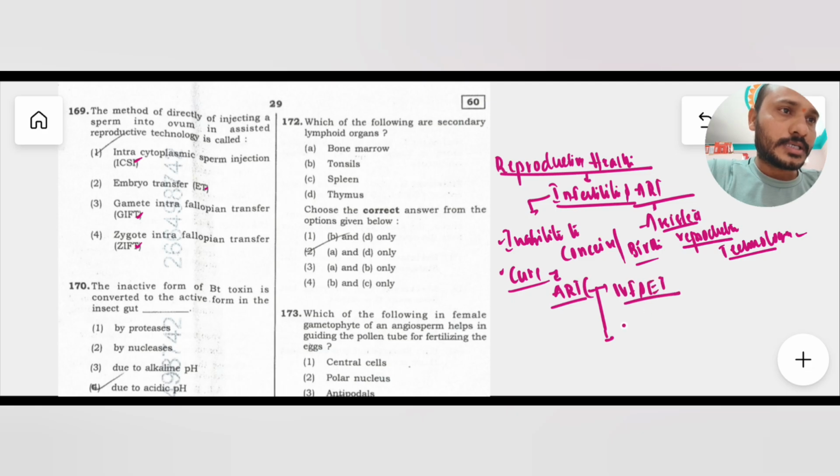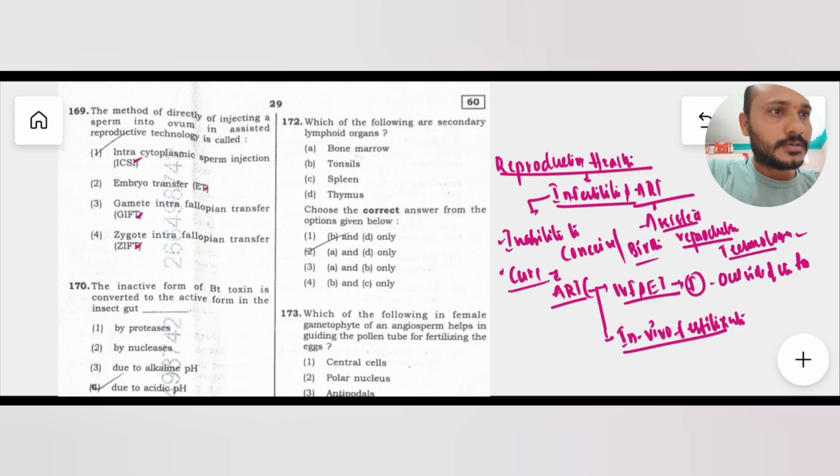And if fertilization takes place within the female body, it is said to be in vivo fertilization. Remember, in vitro fertilization and embryo transfer is where fertilization occurs outside of the female body, and in vivo is fertilization inside of the female body. That is the major difference.